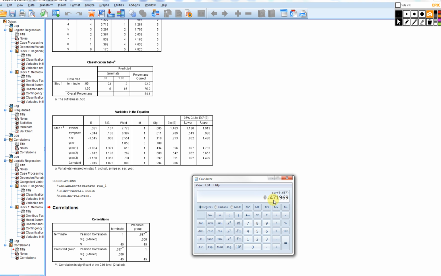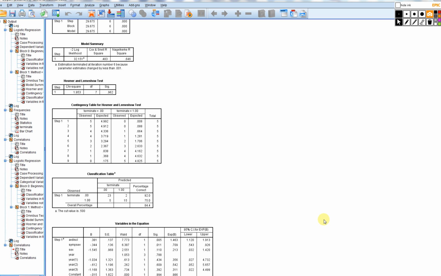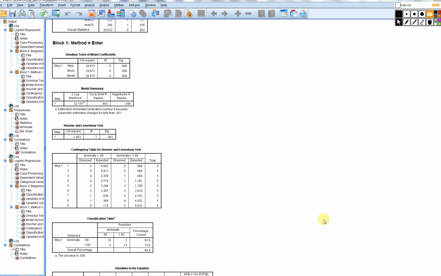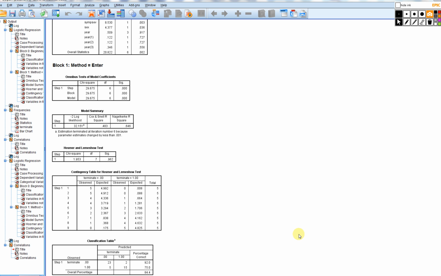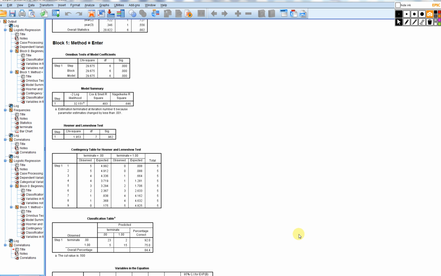So roughly 47.2% of the variance in the actual observed group membership was accounted for by the predictors. At any rate, it looks like we didn't really have that much of a change by adding in the year variable. We're very similar in terms of the variance accounted for to what we had seen previously in the other video.